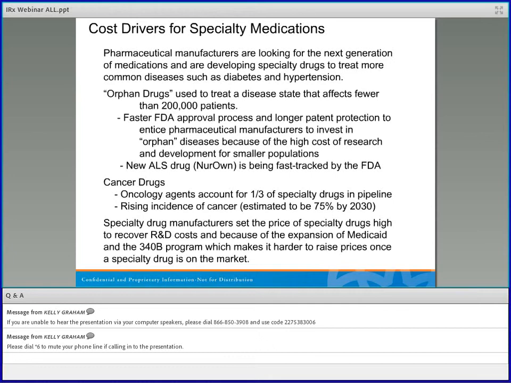I was reading a statistic that part of the reason there's so much money being put into cancer drug research and development by pharmaceutical manufacturers is because there are some estimates that by the year 2030, 75% of the population worldwide, and this is worldwide, could have some cancer that could be treated by a cancer drug. So that's why there's a real emphasis on this.